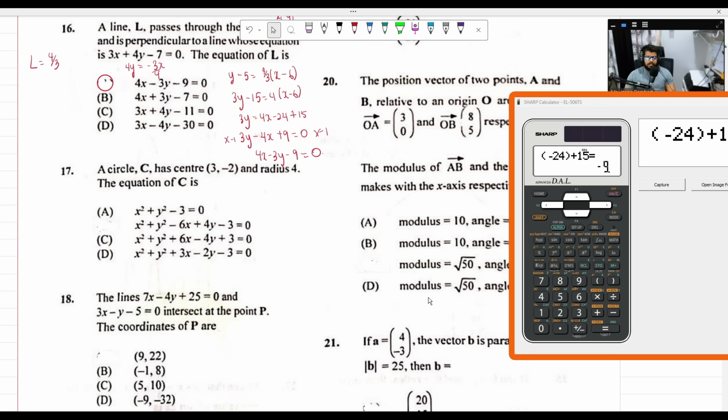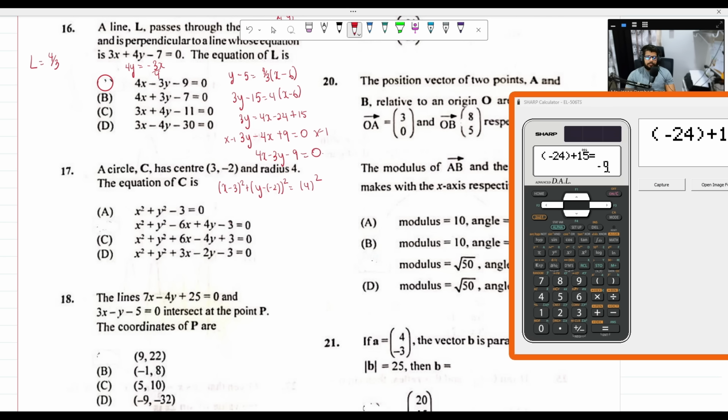A circle C has center 3, -2, and radius 4. The equation of the circle is... So I've seen all of these equations are of the form x squared plus y squared plus 2fx plus 2gy plus c is equal to 0. I am going to go through that. What I'm going to do, I go in and get x minus 3 squared plus y minus -2 squared is equal to 4 squared.